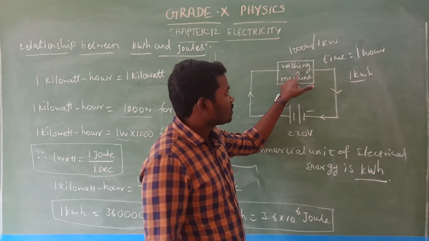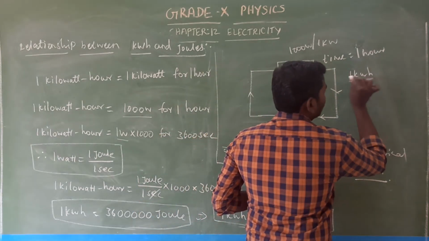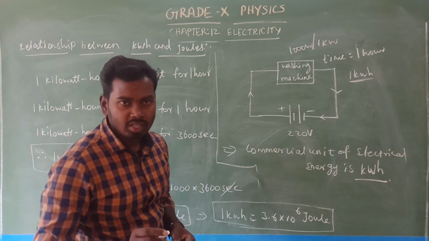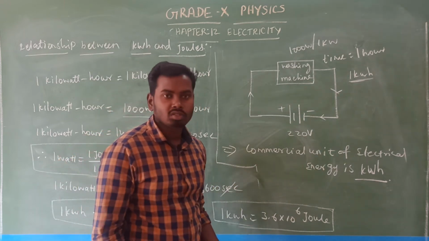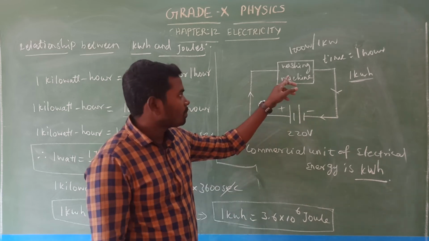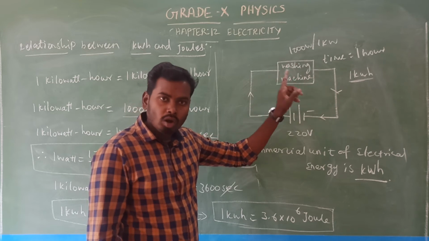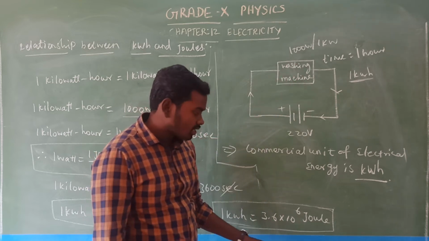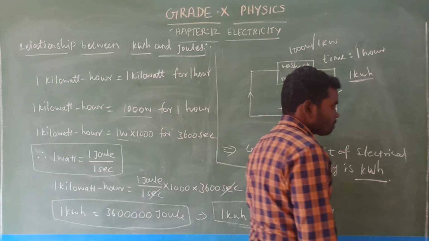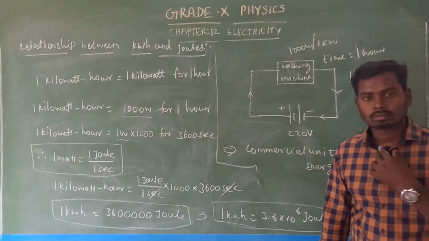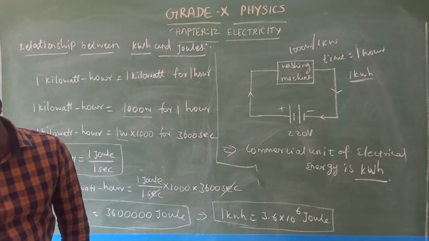If the washing machine is used for 1 hour, it will consume 1 kilowatt hour of energy, and 1 kilowatt hour is equal to 3.6 into 10 to the power of 6 joule. Is it clear? A very simple concept.